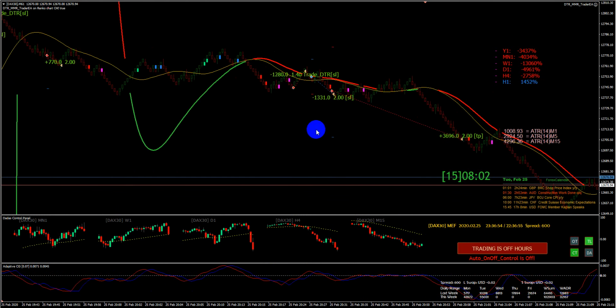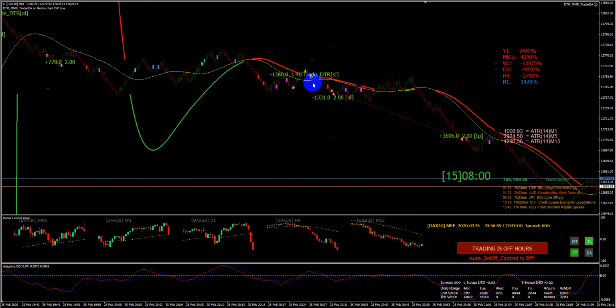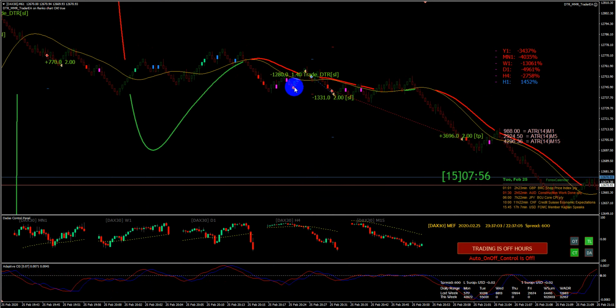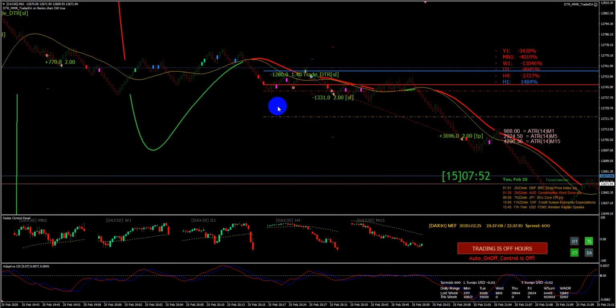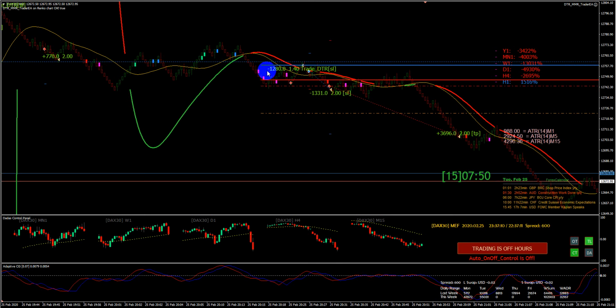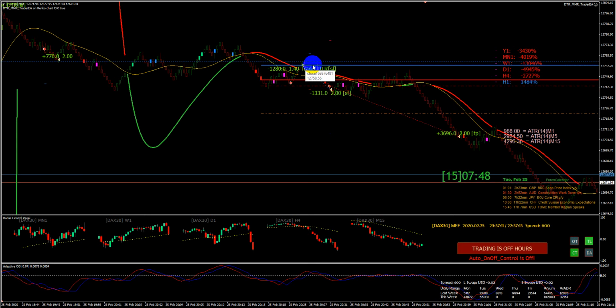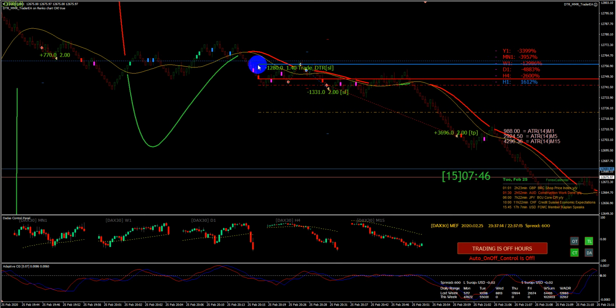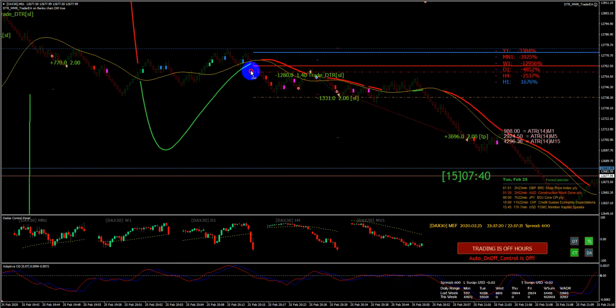Yeah. Now here, what I did here was I made this mistake: I clicked here and I left the stop loss level at this level, which was actually a stupid level, because the stop loss should have been at least over there, higher.